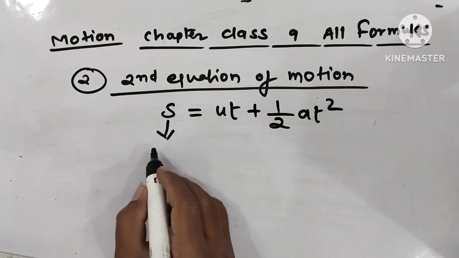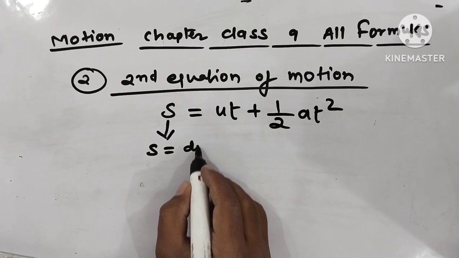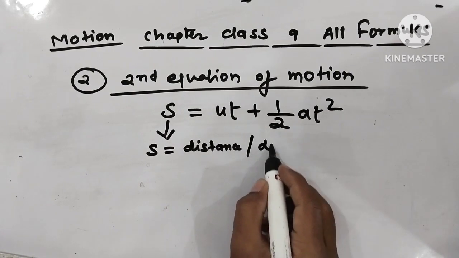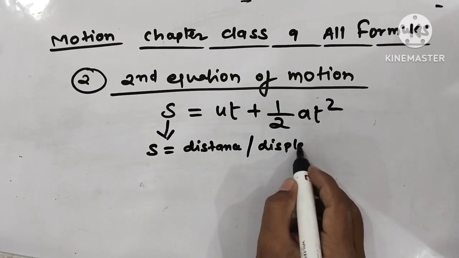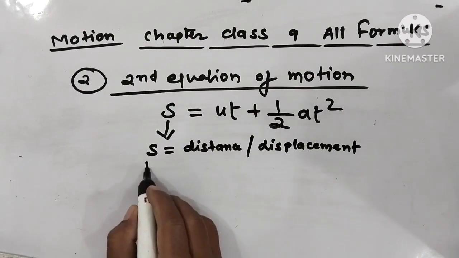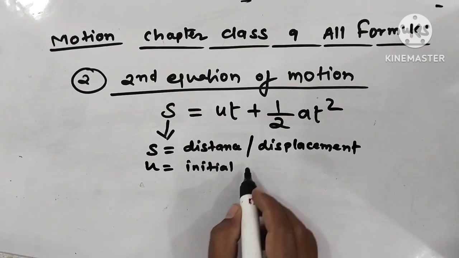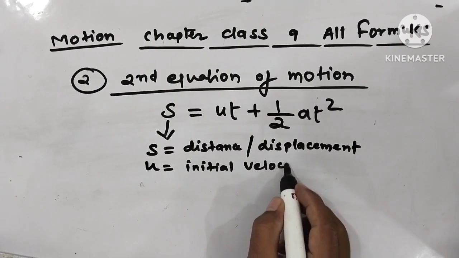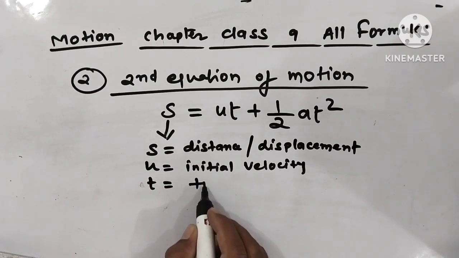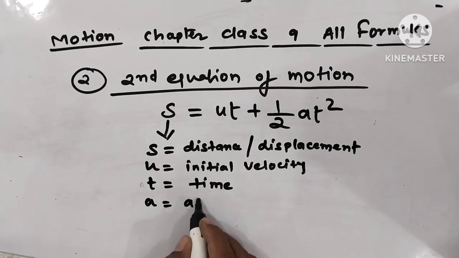S is distance or displacement, u is initial velocity, t is time, a is acceleration.